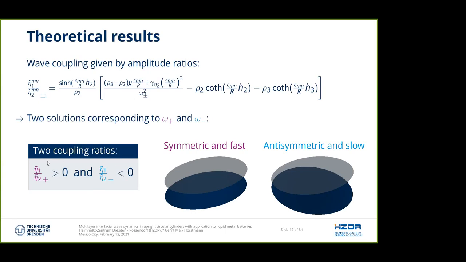Which means if it's positive, both waves are displaced in the same direction, while when it's negative, they are displaced in an antisymmetric way. So we have to distinguish between two wave modes. One is always symmetric and fast, and one is antisymmetric and slow. And this is important because this mode here can be dangerous for the batteries and can provoke short circuits, while this mode can improve mixing and, if it's perfectly symmetric, cannot introduce any short circuits.